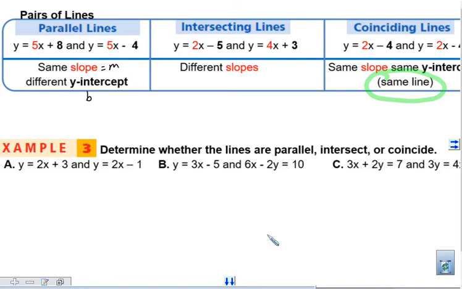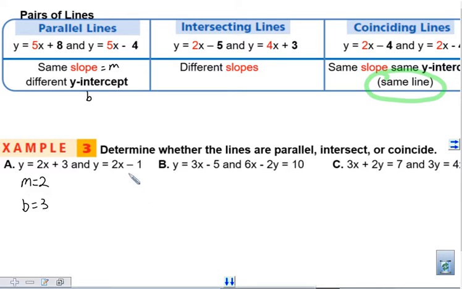So when we're looking to compare our lines, whether they're parallel, intersect, or coincide, we need to look at their slope and their y-intercept. So this first one is already in slope-intercept form, and our slope is 2 and our y-intercept is 3.